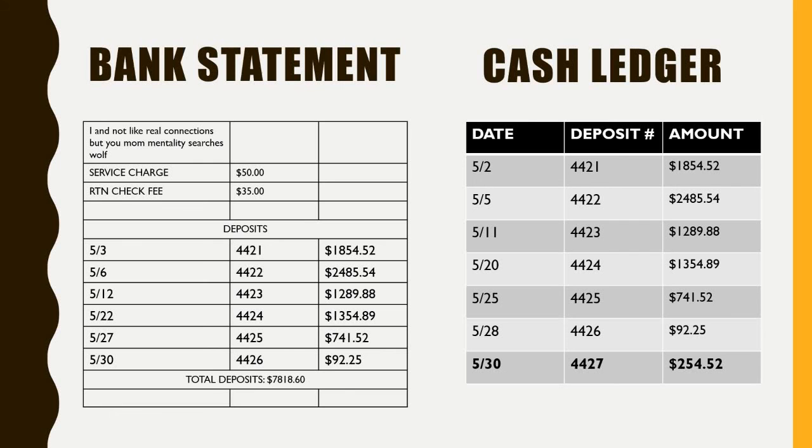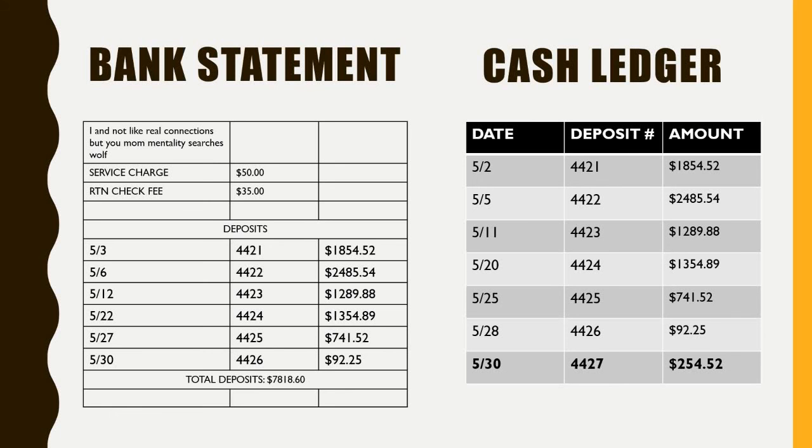Why? Usually when you deposit money at the end of the day, on the last day of the month, and we all know these kinds of deposits, they can take anywhere from 1 to 2 business days to clear. Let's just say May 30th happens to be on a Saturday. Then that's not going to clear until Monday, or even Tuesday if Monday was a holiday.